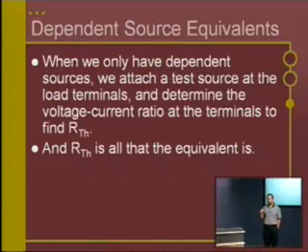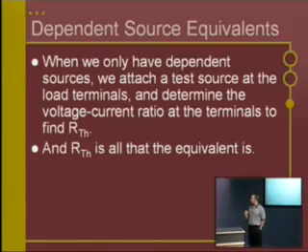So if we hook up a test voltage source, then we solve for the current. If we hook up a current source, we solve for the voltage, and the ratio between the solved parameter and the test source value that you put in is going to give you your R Thevenin, and that R Thevenin is all that the equivalent actually is.